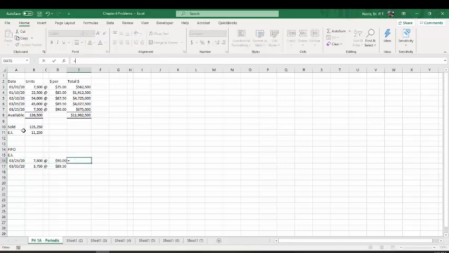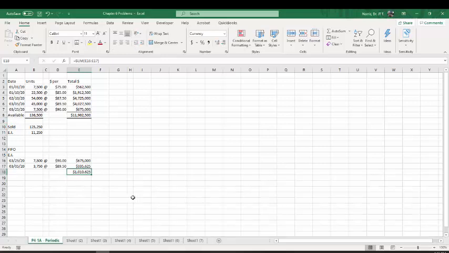Extend that out, multiply it, and we get a total ending value in ending inventory of 1,010,675.